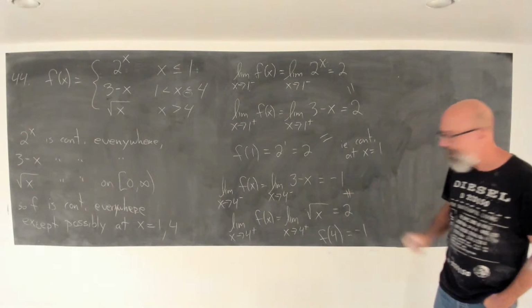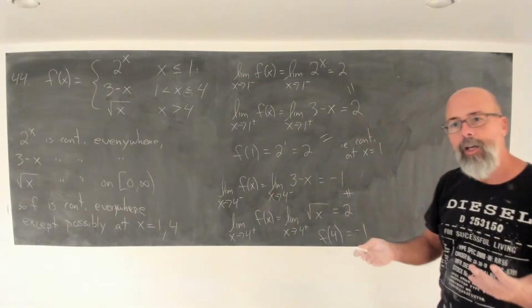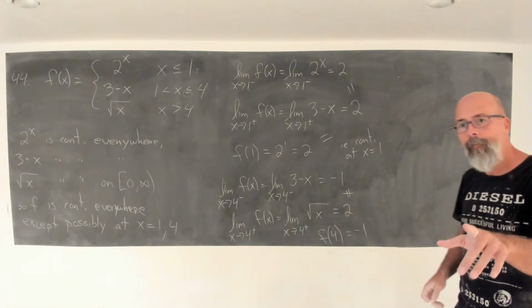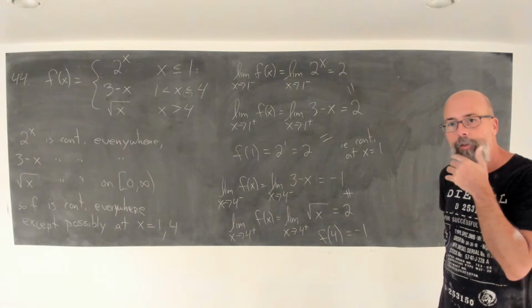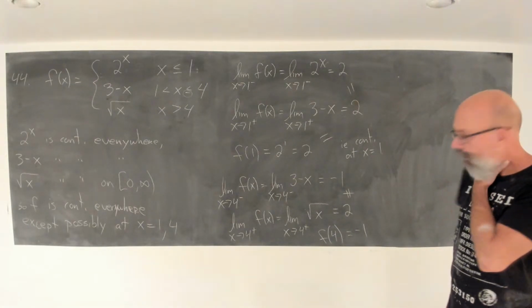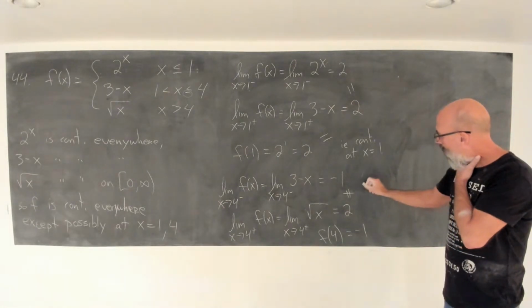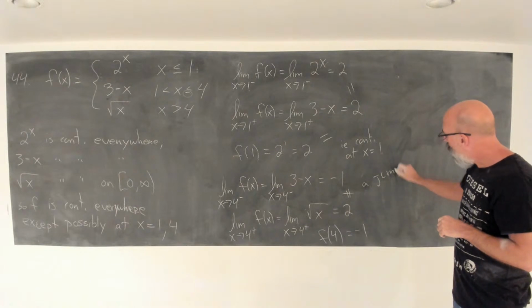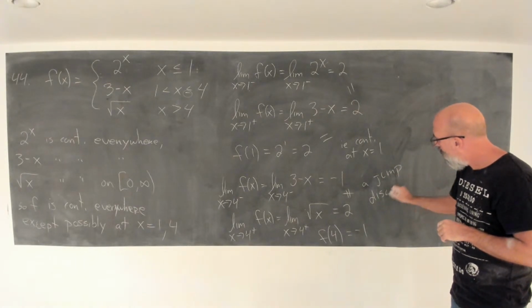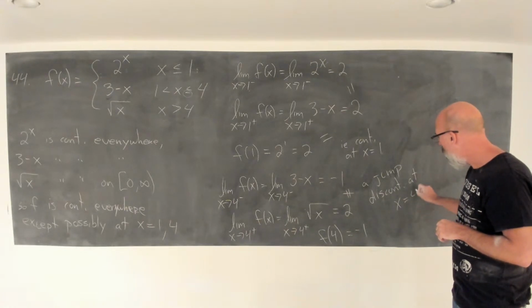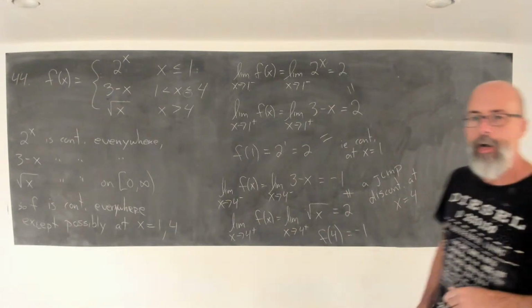These two things are not equal. So we have a discontinuity here. What kind of discontinuity? Yeah, Sean, that's exactly my question to you. What kind of discontinuity? A jump, thank you. Jump discontinuity at x equals 4. Very nice.